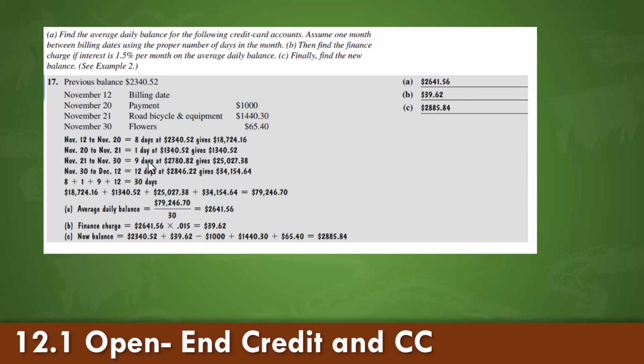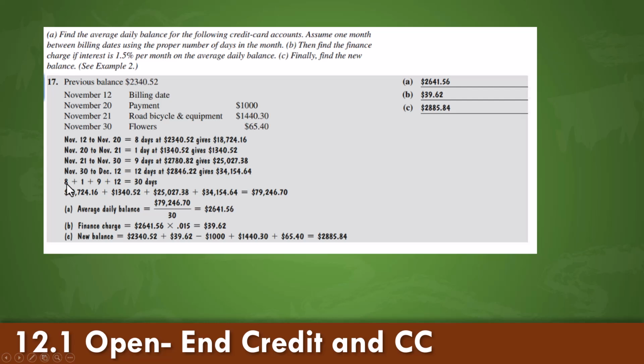Overall, 12 days from November 30th to the billing date of December 12th. Remember, it's monthly, and I know it's December 12th because the previous billing date was November 12th. That gives me 12 days from November 30th to December 12th.